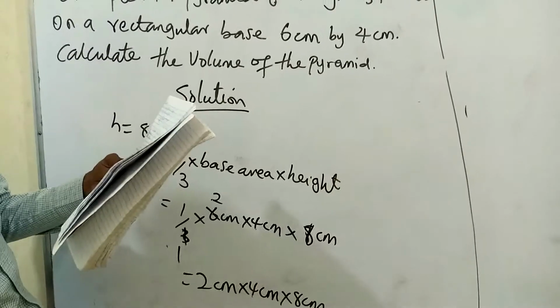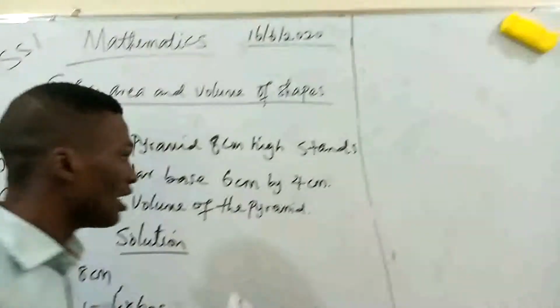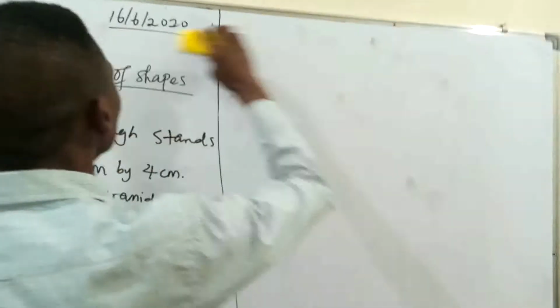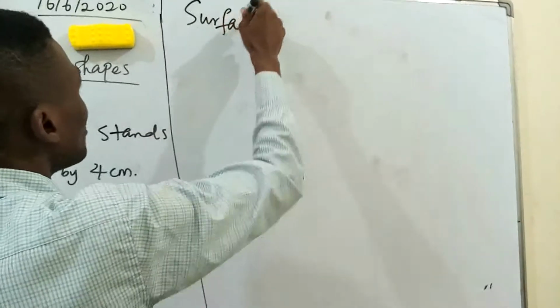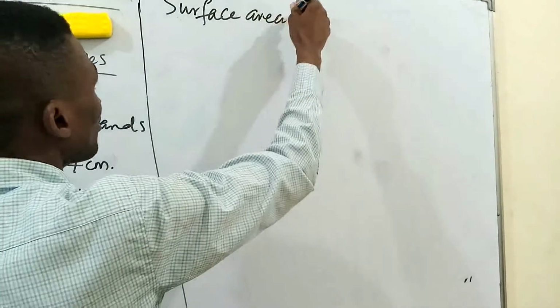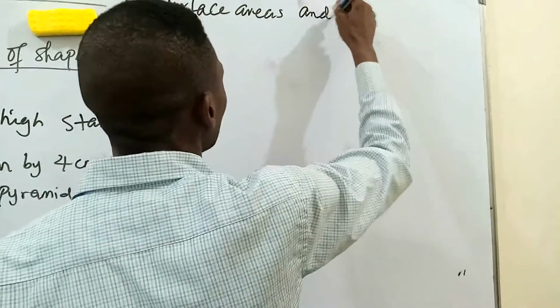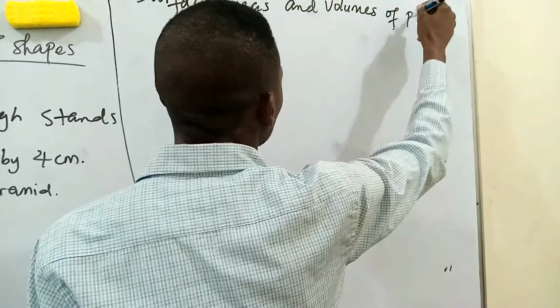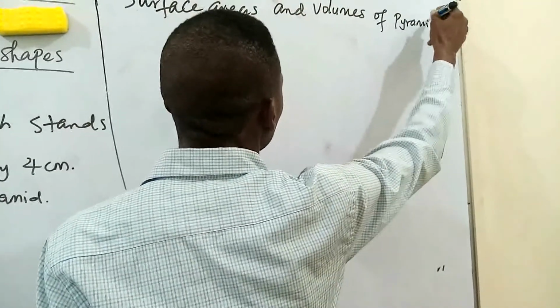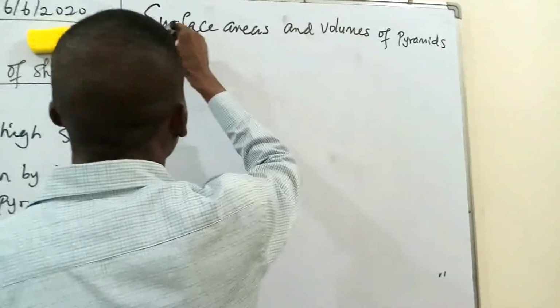So the next we look at is surface areas and volumes of prisms.